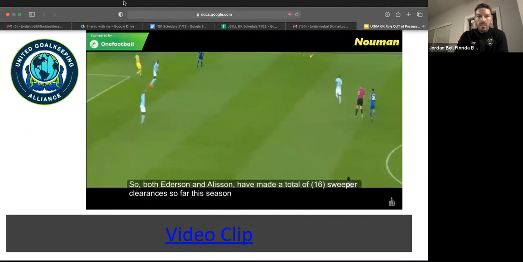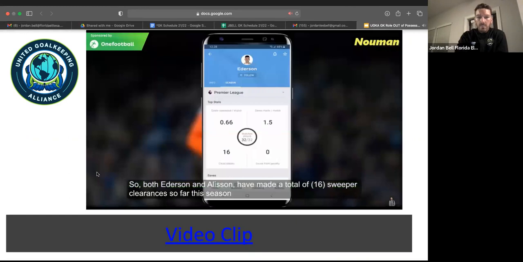So both Ederson and Ellison have made a total of 16 sweeper clearances so far this season.